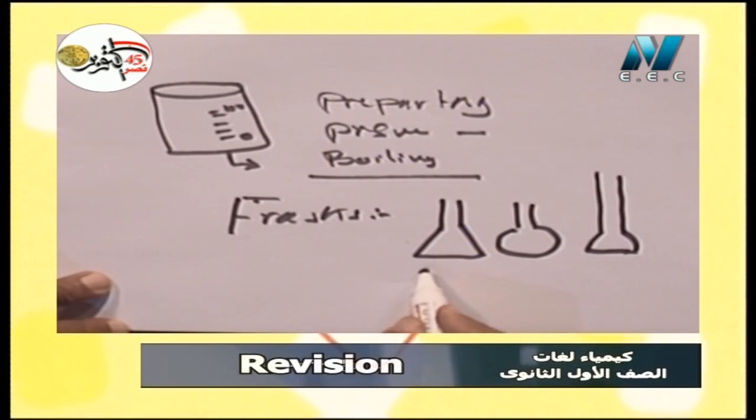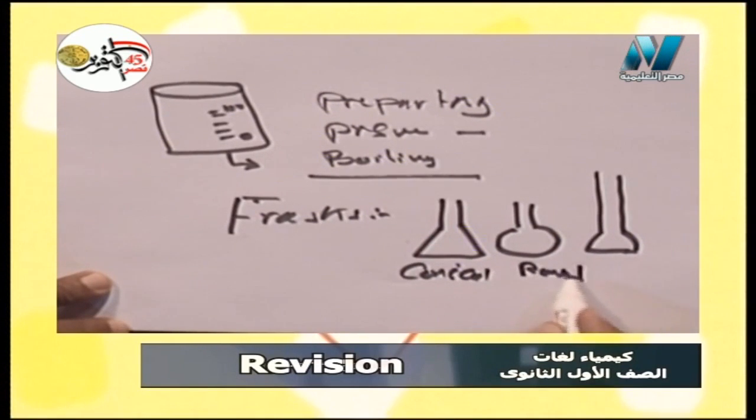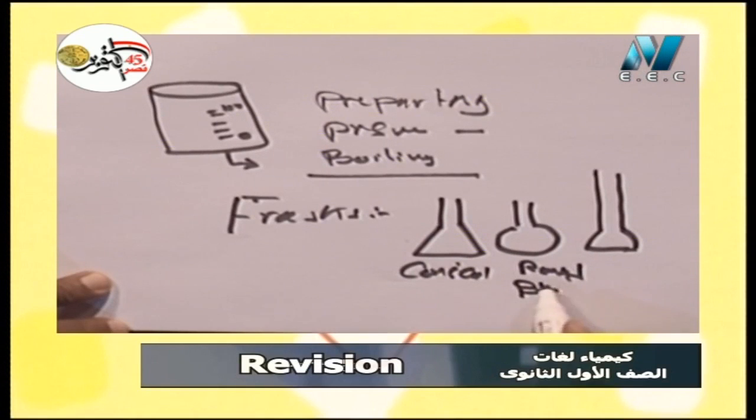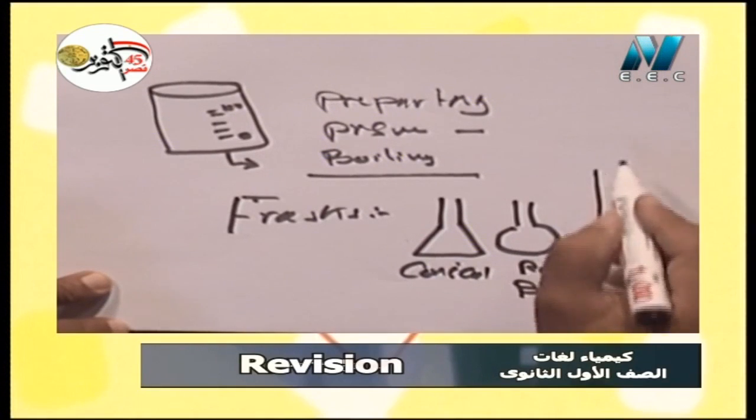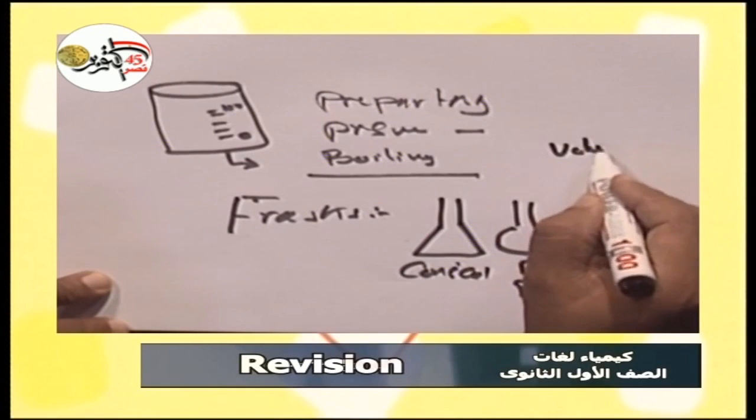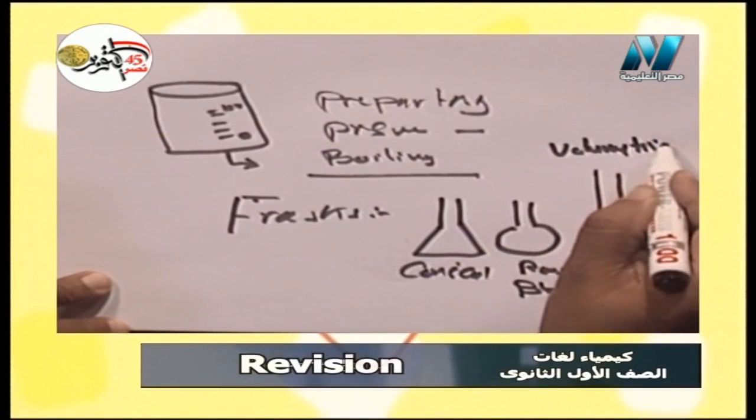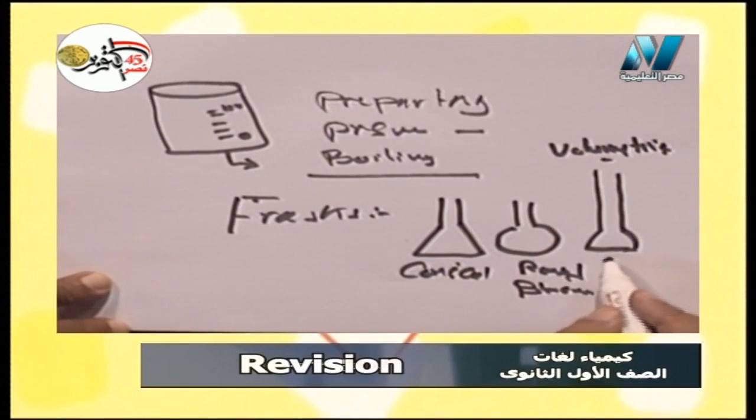So the conical, and this round bottom, and this is called volumetric. And the importance of this kind of flask is that it is used to give a very accurate volume of solution.